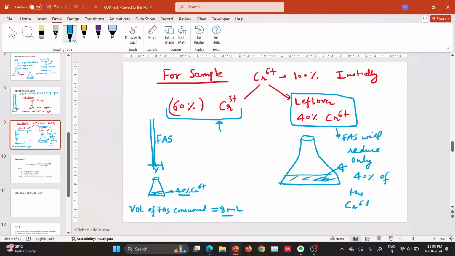Because there was less Cr6 plus, the difference will tell us how much chromium has been reduced to Cr3 plus form. So that will tell us the chemical oxygen demand.